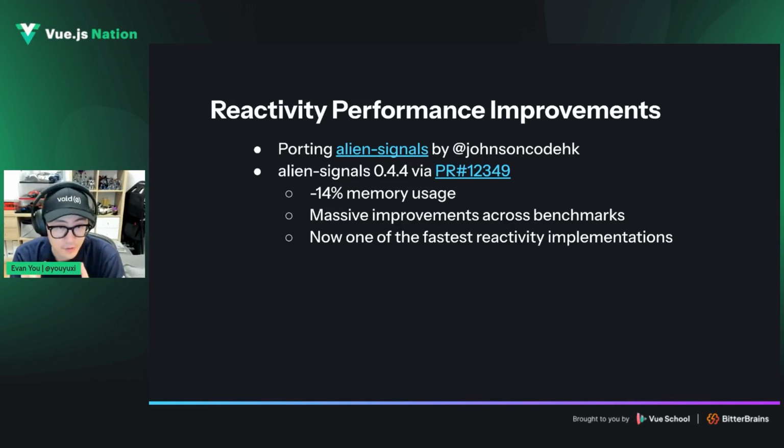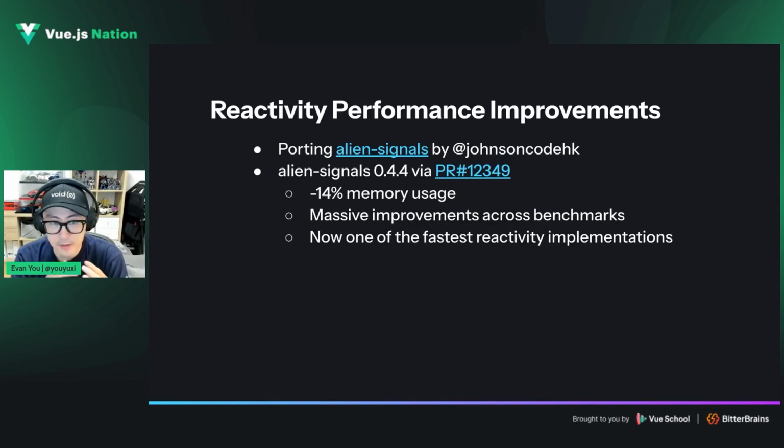And he spent tons of work making sure that porting Alien Signals into Vue core can pass all Vue ecosystem CI tests. So this is no small feat. And Johnson was able to keep improving Alien Signals while making sure the ported version in Vue can pass all Vue-related tests.